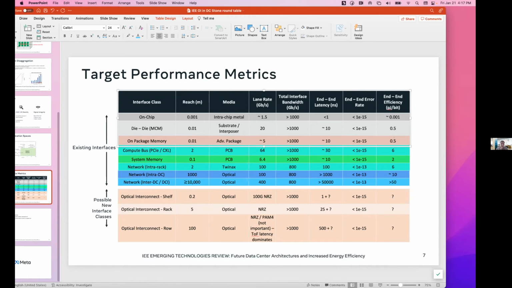Today, because of the packaging technology limitation, the HBMs are within 5 millimeter distance to the accelerator using some kind of a CoWoS or a fan-out type of technology. Now, how can we increase that distance and still have low latency bandwidth access? Yeah. And will not burn more power.